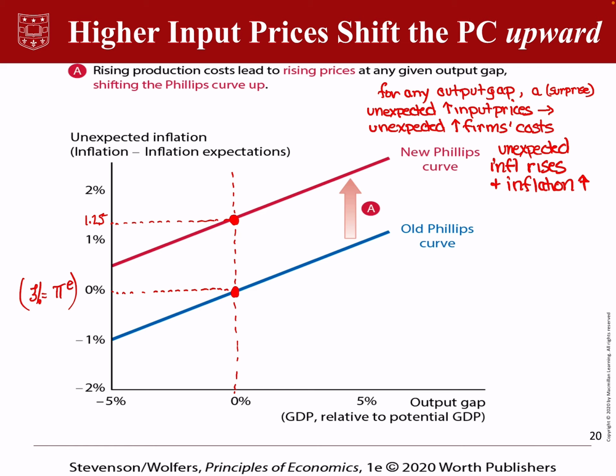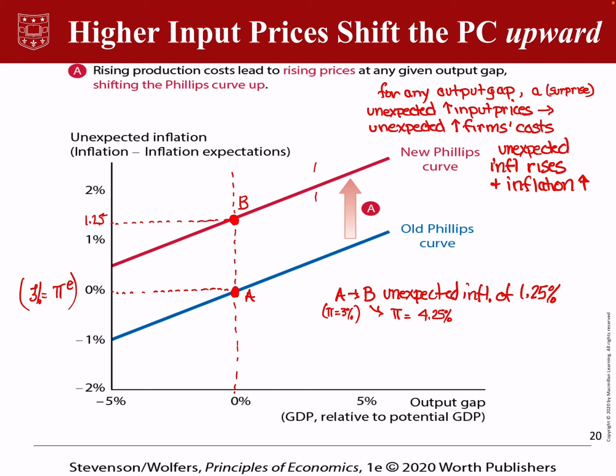So we would see in our example going from A to B, for instance, A to B here means that we have unexpected inflation of 1.25%, and rather than inflation being 3%, as it would have been at point A, at point A we would have actual inflation of 3%. At point B, the actual rate of inflation that would prevail in the macroeconomy would be 4.25%.